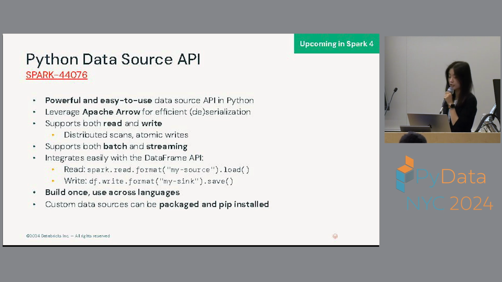And you can just directly use it with Spark's read and write API here. One key benefit is that you can build this data source once and use it across multiple different programming languages, and it can be packaged and pip installed, allowing it to be shared with others very easily.